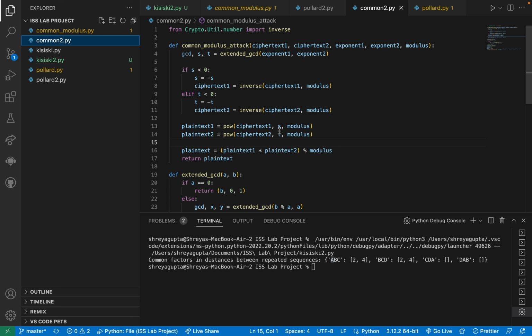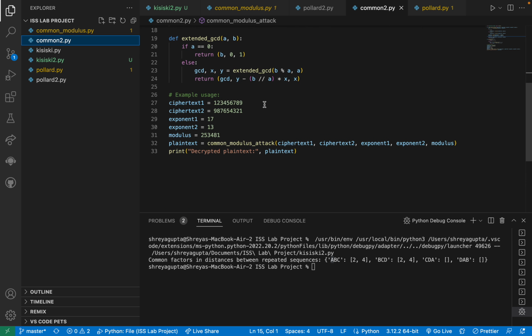If two users have different encryption exponents but share the same modulus, an attacker could intercept and decrypt messages intended for the other user. By exploiting this shared modulus, the attacker can compute the plaintext without factoring the modulus. To prevent such attacks, it's crucial to ensure unique moduli for each user and employ strong encryption techniques.